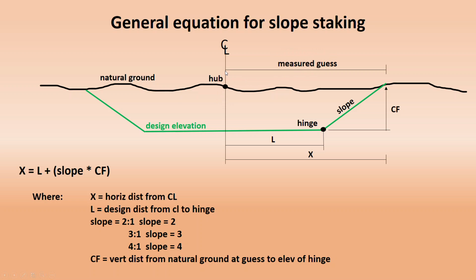And we have to walk out here, generally with a tape measure, that's close enough, and guess how far out we think we need to be to begin cutting on this slope so that we achieve the design elevation at the hinge point. And then we have the design L distance back. So that measured guess is the essence of slope staking. How far out do you have to be?